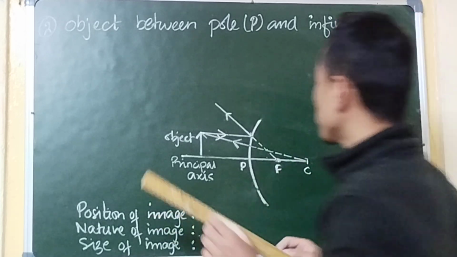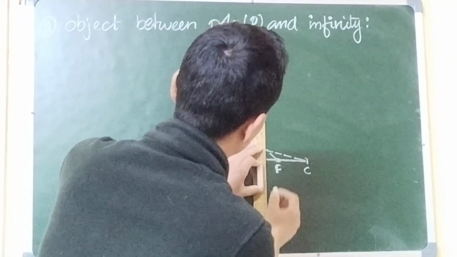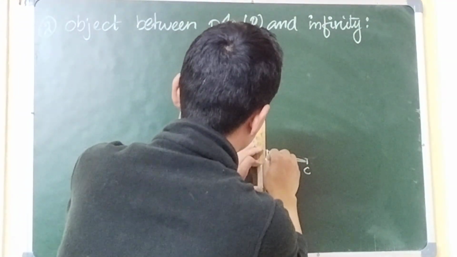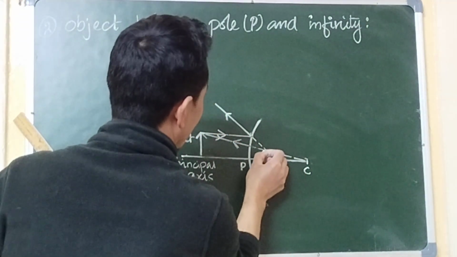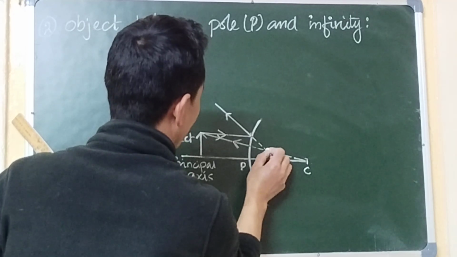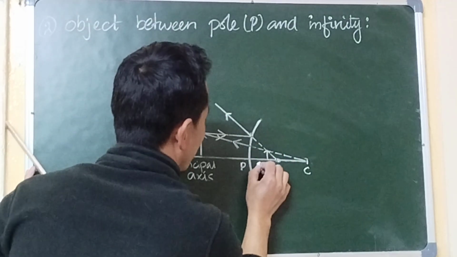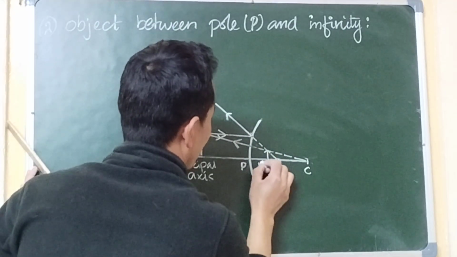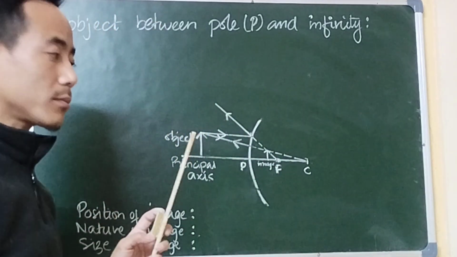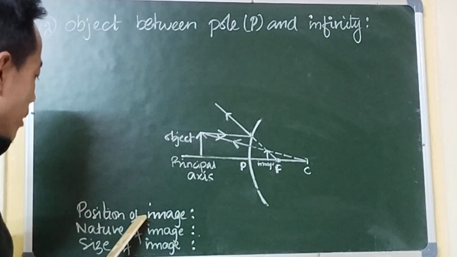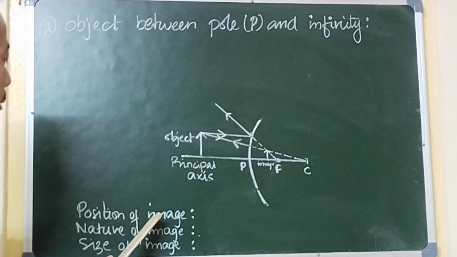So what we will do next, we will simply drop a perpendicular on the principal axis, and this will be the position of our image. So this will be the image of our object. Now let us look at these three things. So where is the image formed?